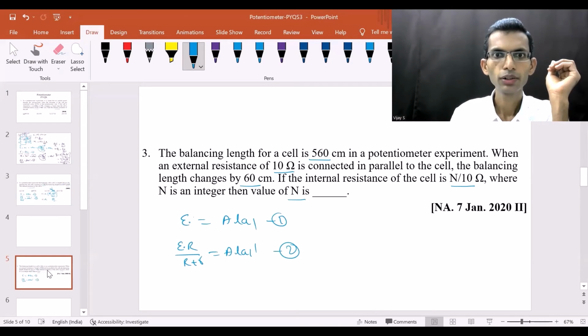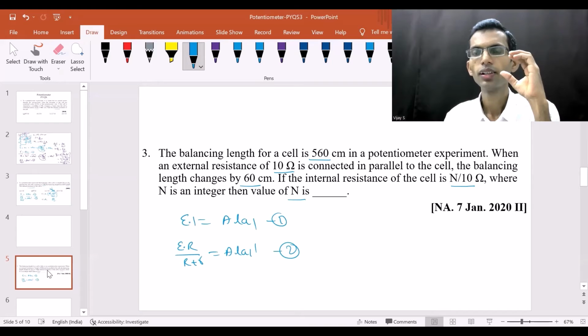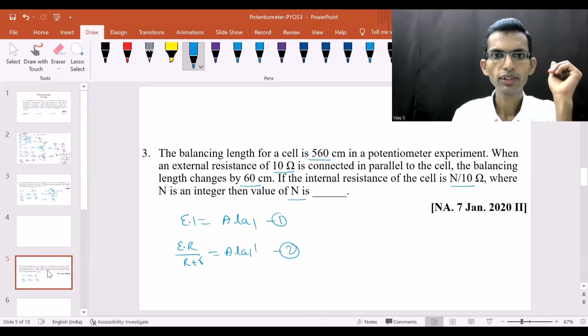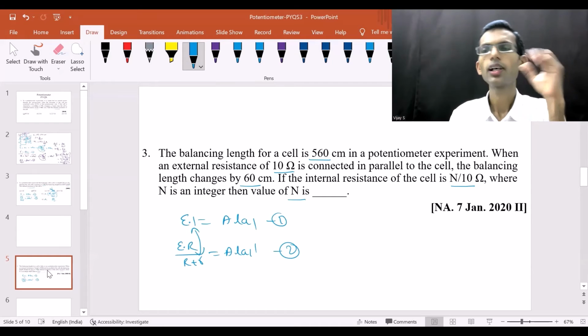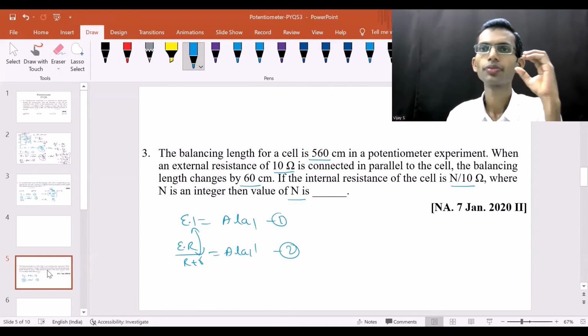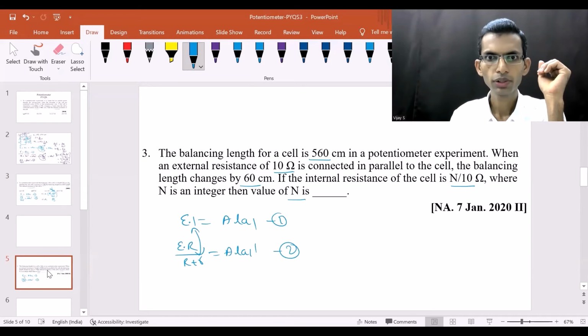This can be written as E into 1, and E into 1 is E only. Here when we compare this 1 and R by R plus r, R by R plus r is going to be a little less than 1. That means when we compare these two equations, LA1 dash is going to be lesser than LA1.